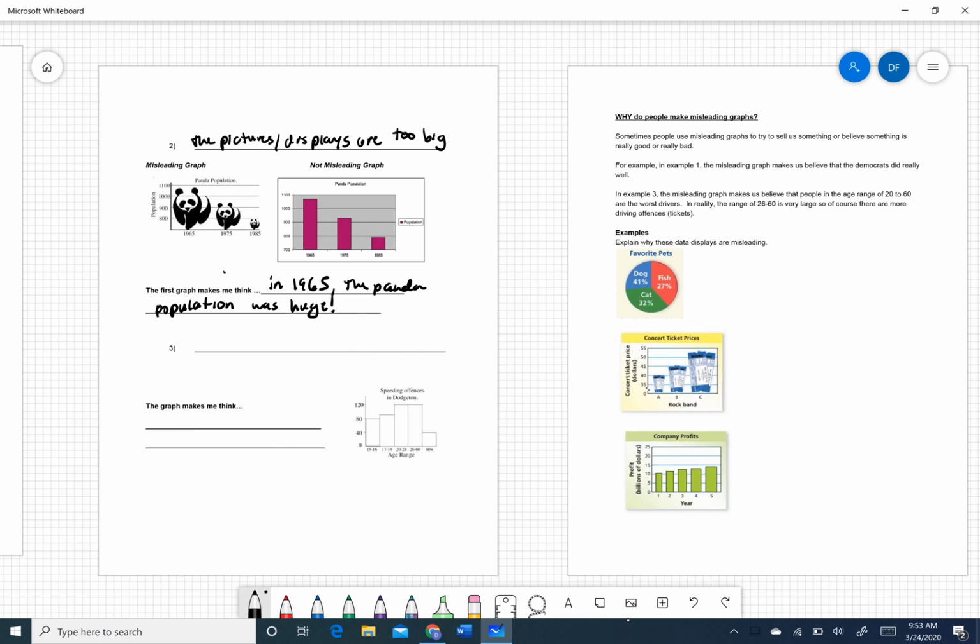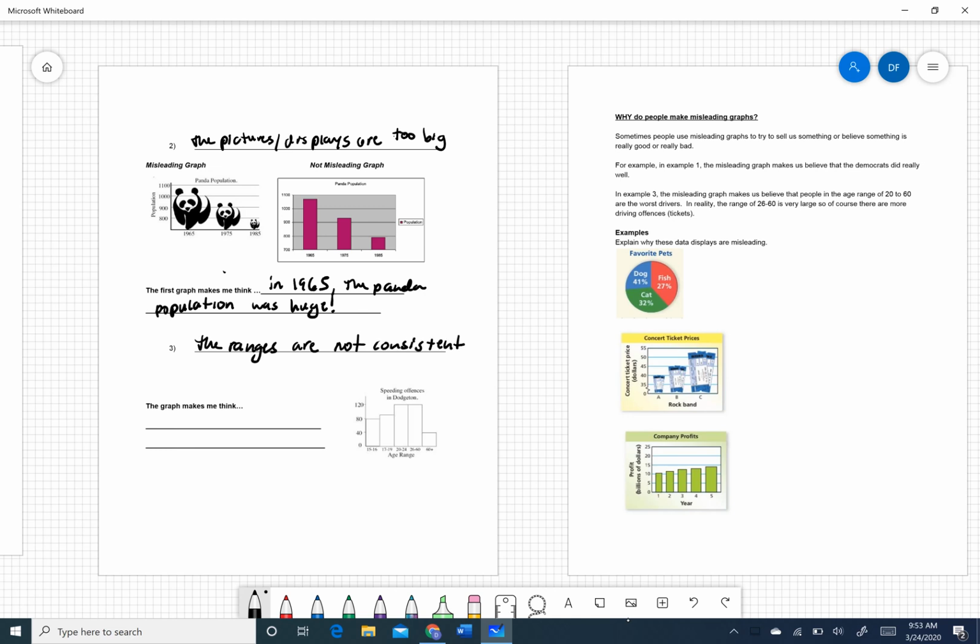Okay, and so lastly, in number 3, what we can say is that the third way that this can be misleading is that the ranges are not consistent.